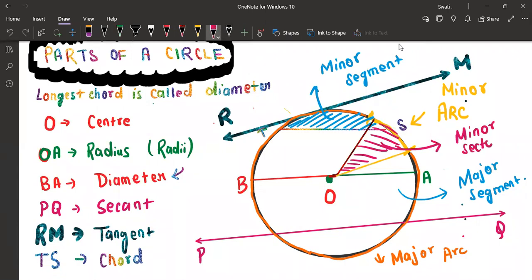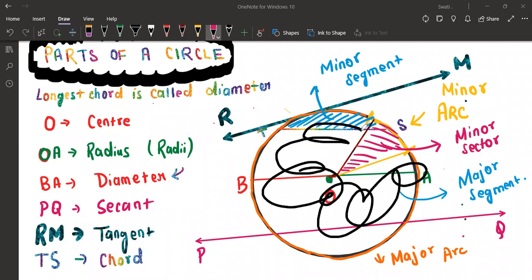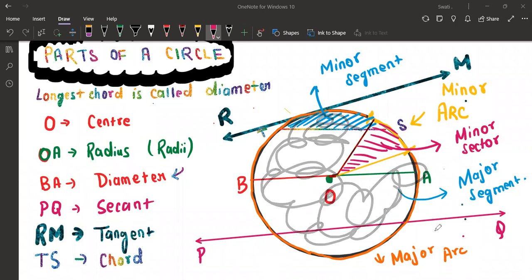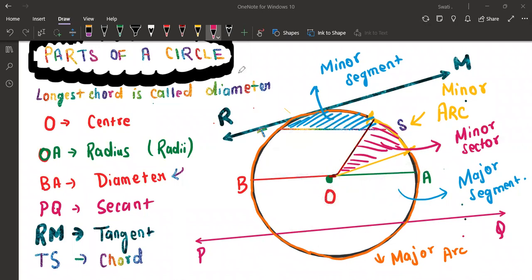And of course, except this, the remaining, let me annotate again so that there will be clear understanding here. The remaining, which is this, except the minor arc. Are you understanding? The remaining is called the major sector. That's it. So I'm going to write down here. This is nothing but the major sector.